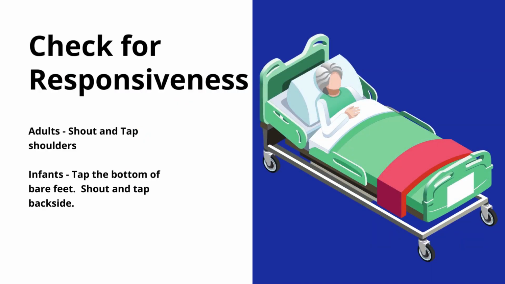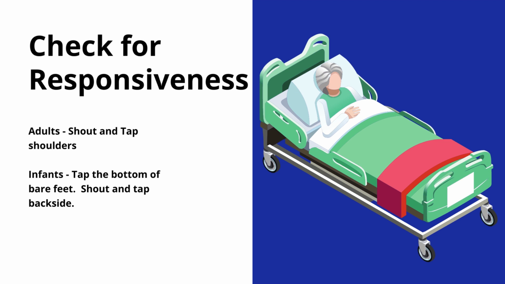The first thing we always want to do is check our patient for responsiveness. If it's an adult, tap the shoulders, use your voice, and loudly project, "Hey, are you okay?" You may use the patient's name if you have it. If it's an infant, it is suggested that you use the bottom of their bare feet to tap the infant, and you can also use their backside.